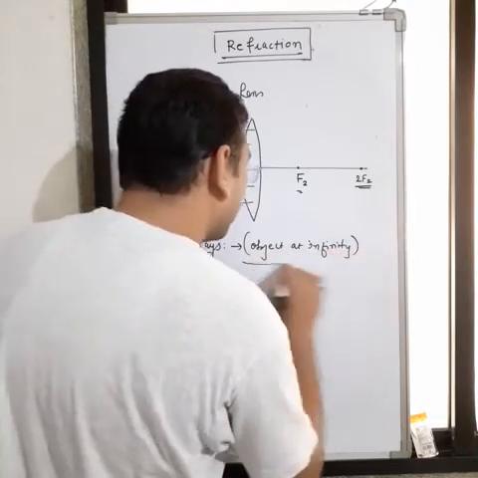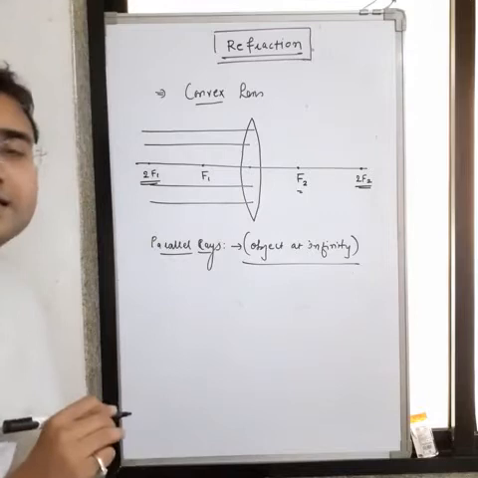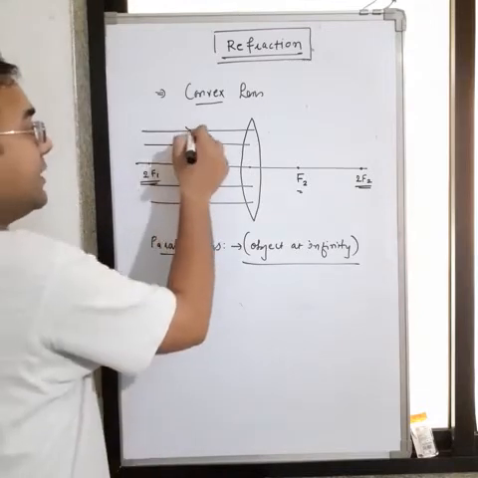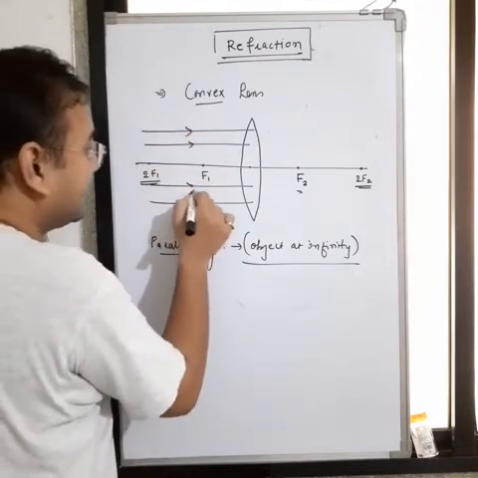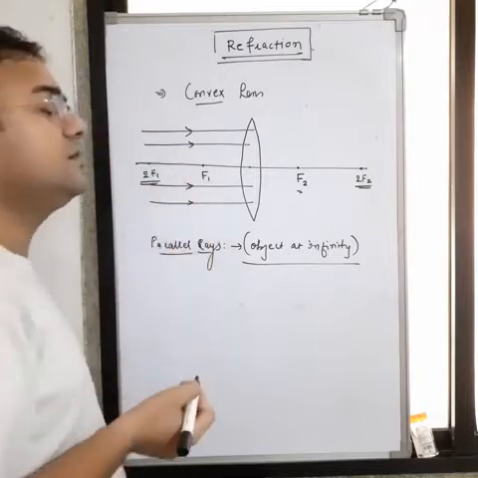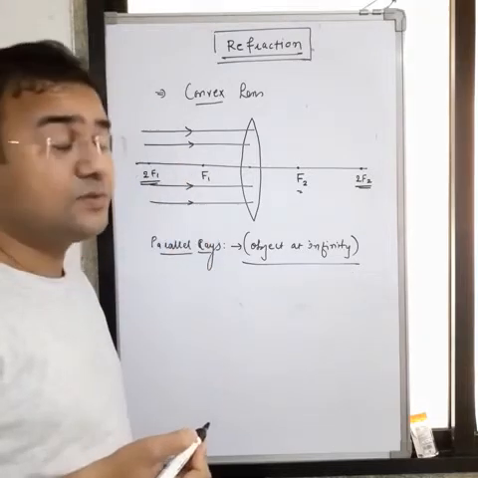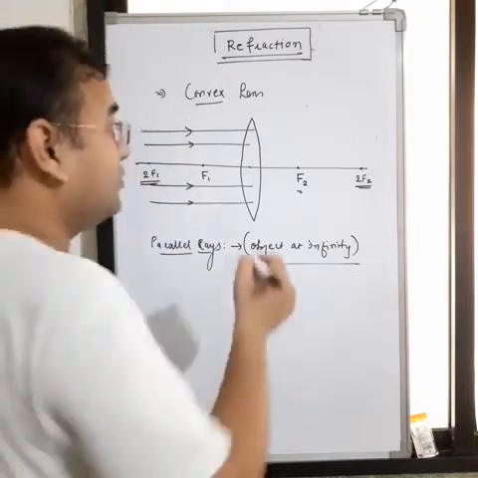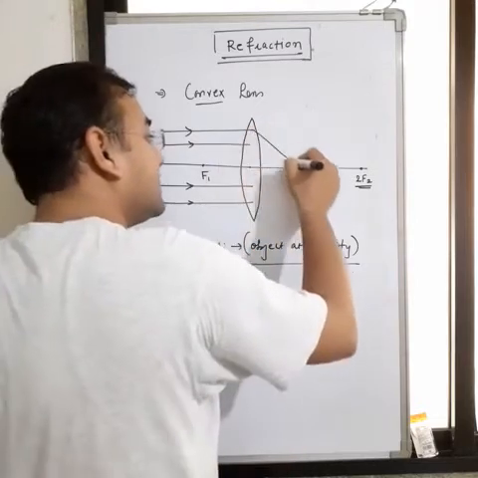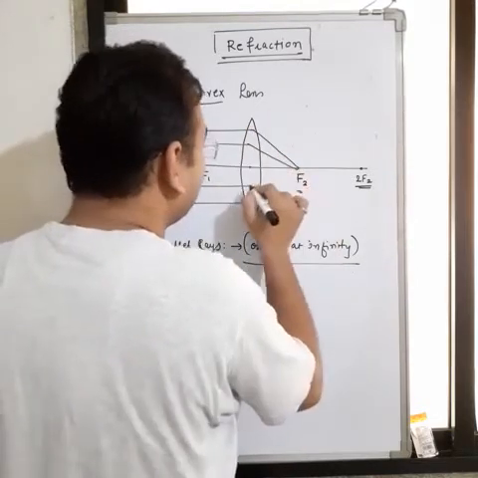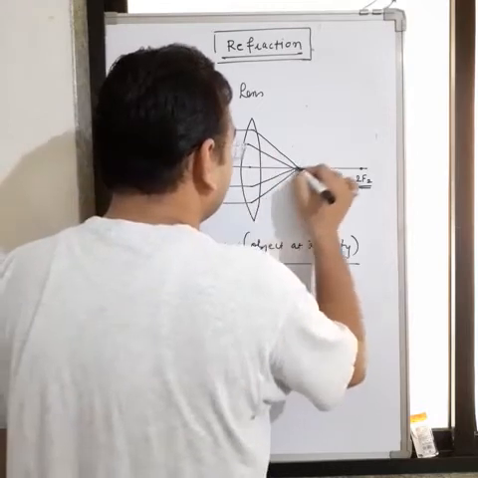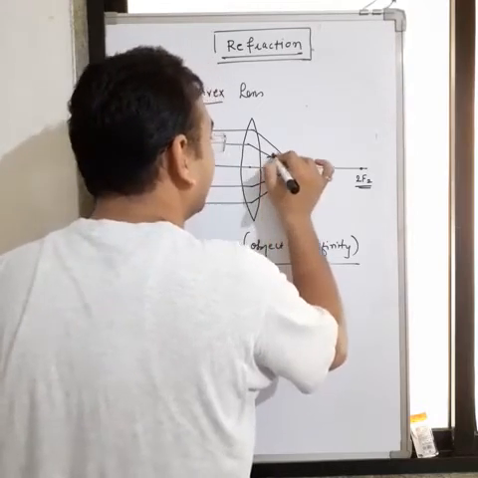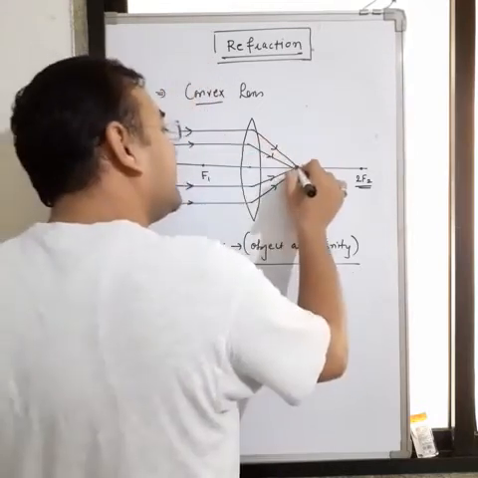Always keep in your mind, when parallel rays are given, you have to understand that the object is at an infinite distance. So definitely your image will be formed at the focus. See here, all rays are concentrated and form the image.